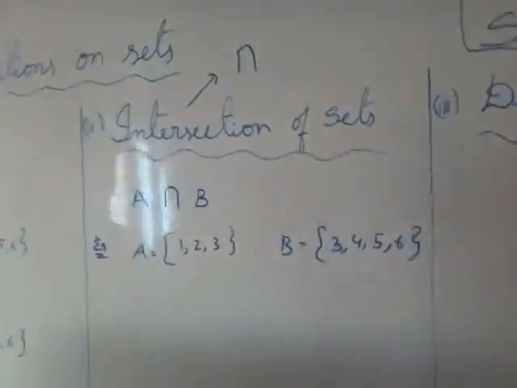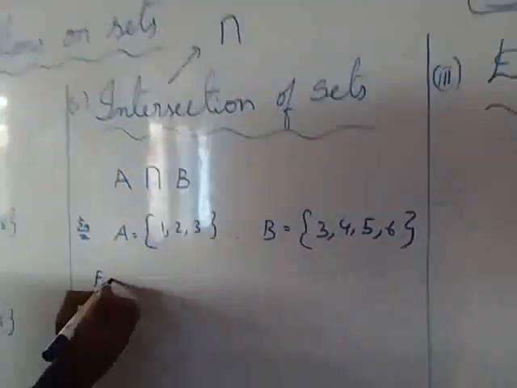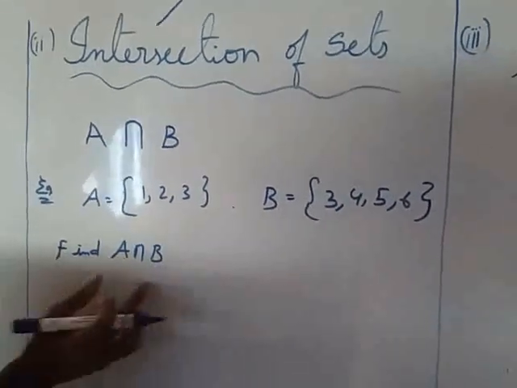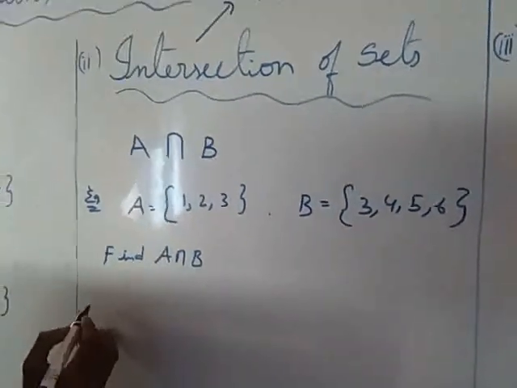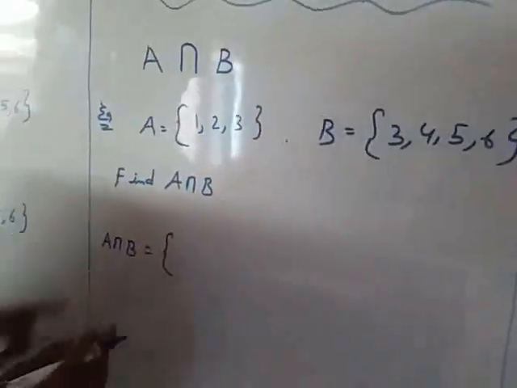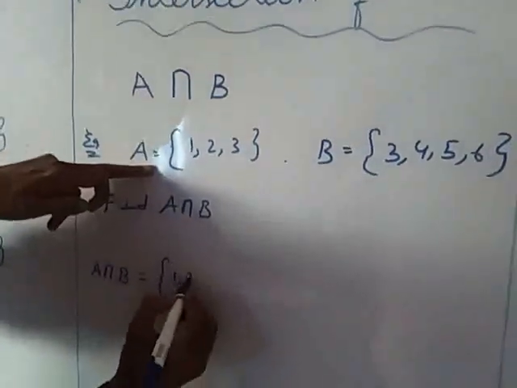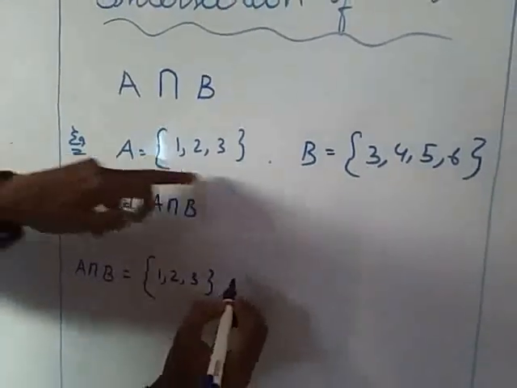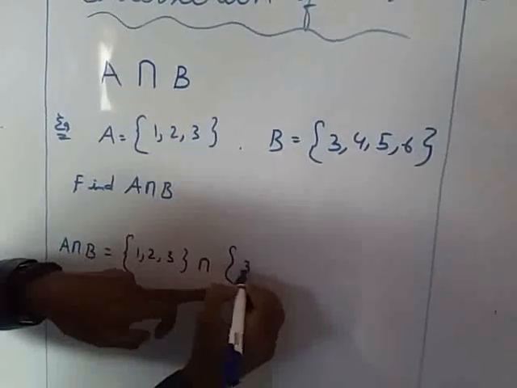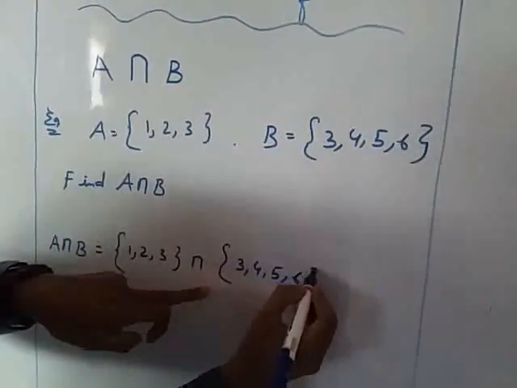What is A intersection B? Find A intersection B. A intersection B equals the set A containing 1, 2, 3 intersection the set B containing 3, 4, 5, 6.